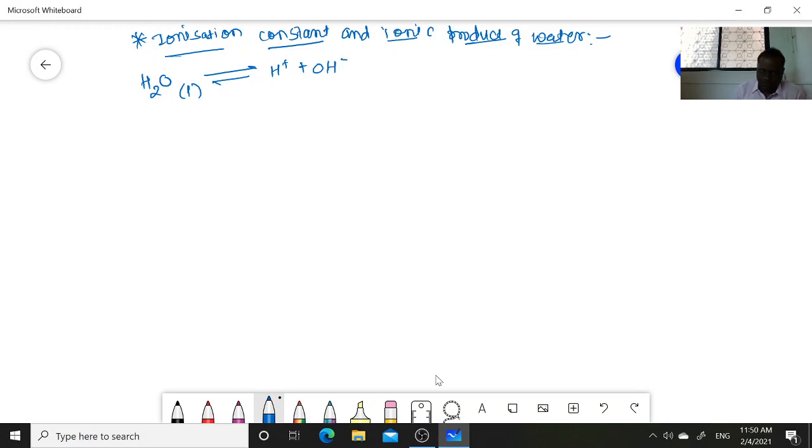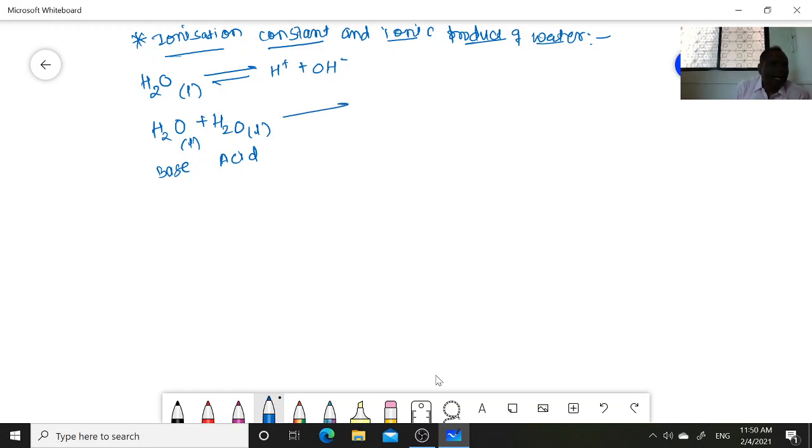Water splits only a very small amount; a very small dissociation of water takes place. Let's consider H2O plus H2O, suppose this is in liquid form, and this is also in liquid form. Suppose this is the base. We know that water can be a base as well as an acid, amphoteric in nature.